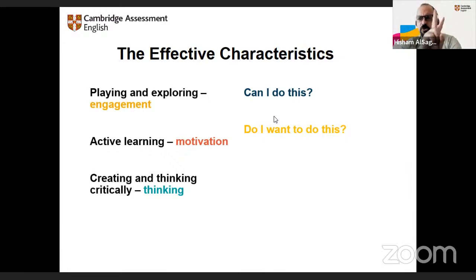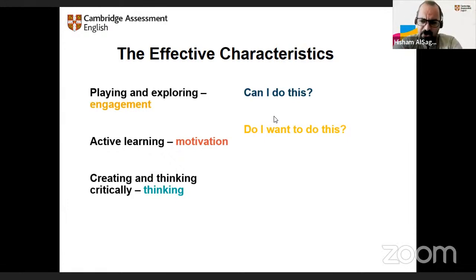That's simply a result of two main variables: the value of what we're doing and the expectation associated with that value. So I know that doing a PhD will give me a good career path, for example. But the expectation that this is going to be very difficult, very time-consuming, puts me off. And that's why I don't have a motivational force at the end that will push me to move forward. So you see what I mean?